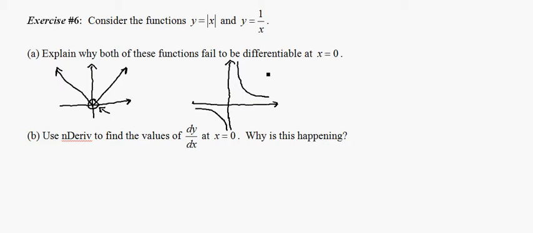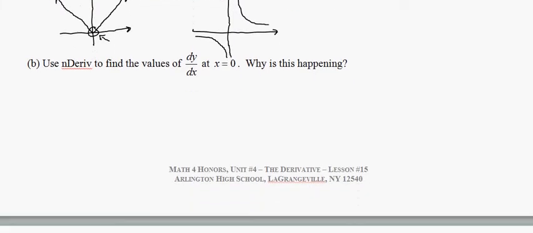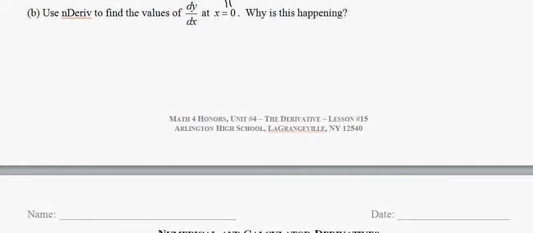The freakish thing is that the calculator gives us a value for dy dx at x equals 0 for both of these. So what I'd like you to do is pause the video right now, use your calculator with the n derivative command or whatever command your calculator has on it, and see what it gives you for these two functions in terms of their derivatives. I'm going to lay it out like this.